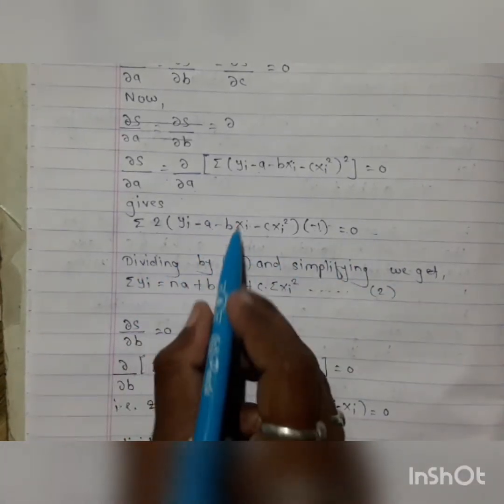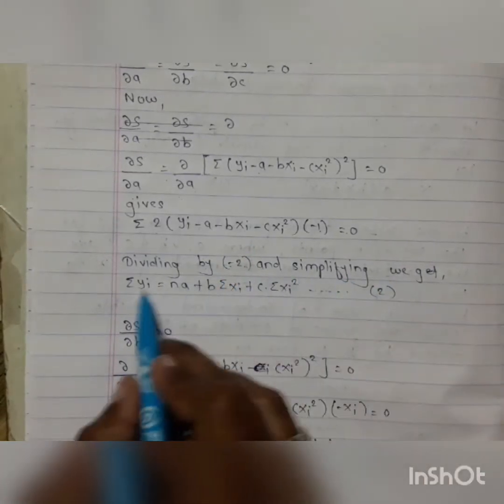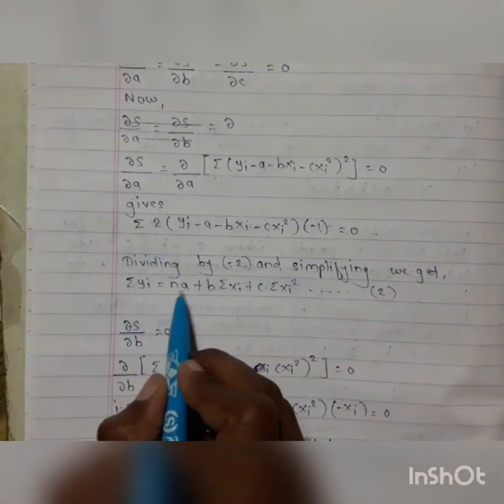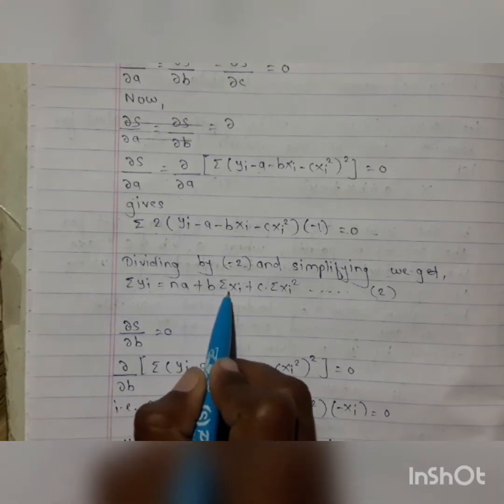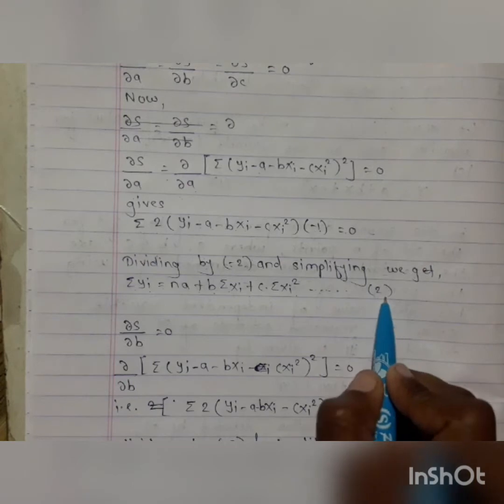Then dividing by minus 2 and simplifying, we get summation yi is equal to na plus b summation xi plus c summation xi square, and denote this equation 2.